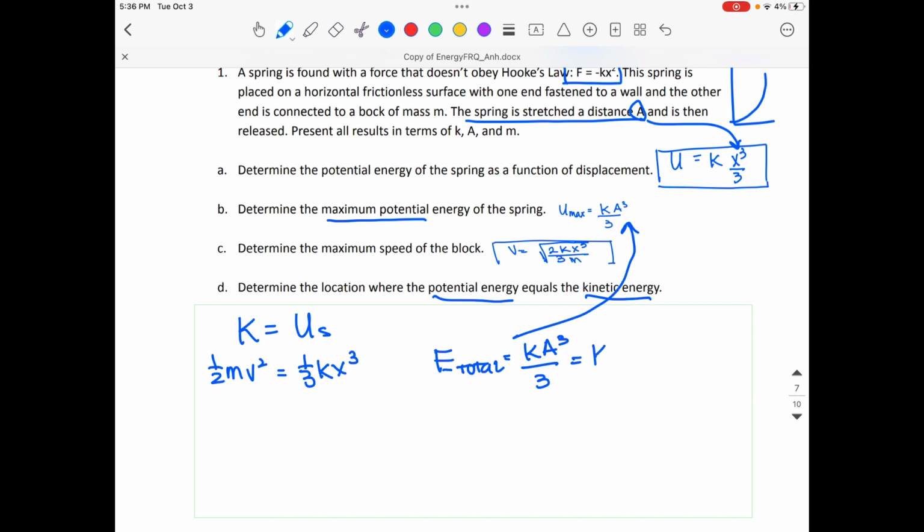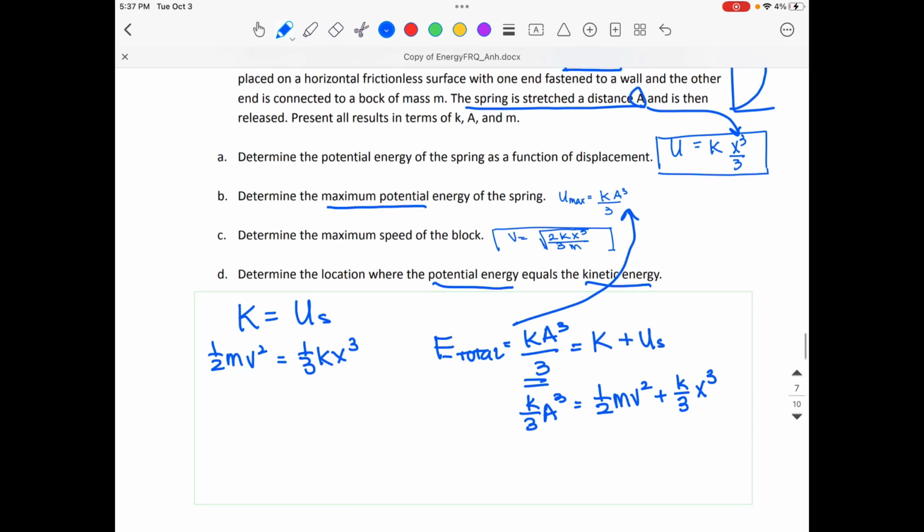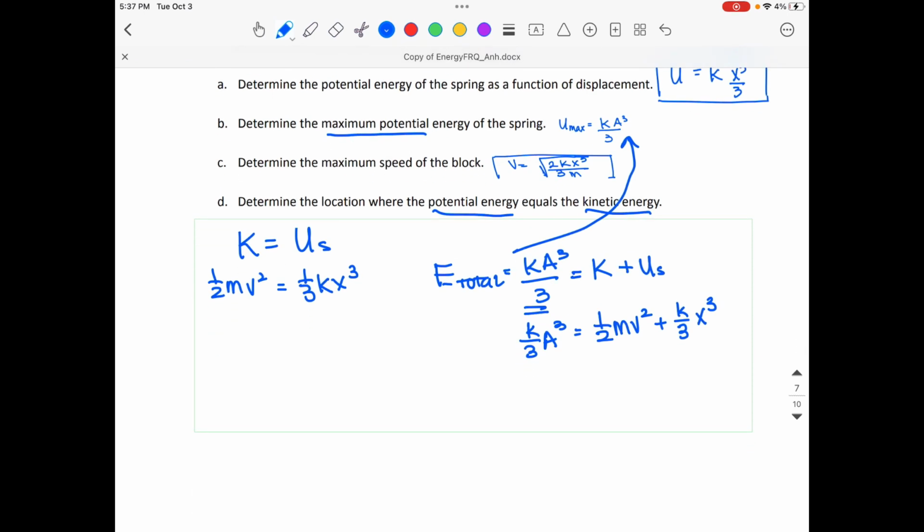So whatever the kinetic energy is, it's going to add up to the spring energy, and it's always going to equal the total here. So I'm going to take this k over 3 A cubed is equal to 1/2 mv squared plus k over 3 x cubed. And since I'm solving for the location, I need to solve for x. I'm going to try to get rid of this velocity.